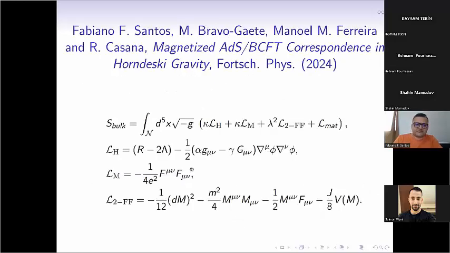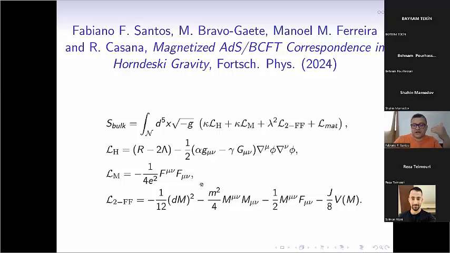And here, of course, we have the Horndeski Lagrangian density, and we have the Maxwell field with this other tensor, because we include this to see what happens when we apply an external magnetic field in this plasma.